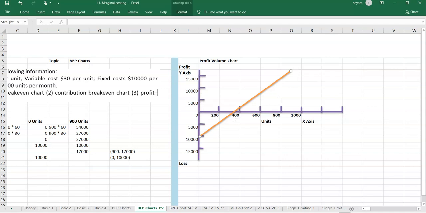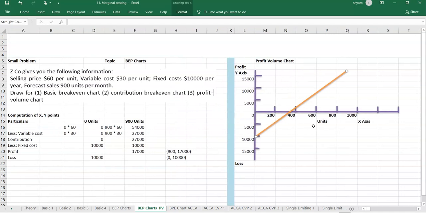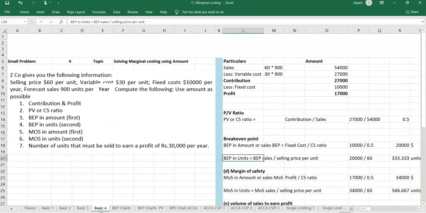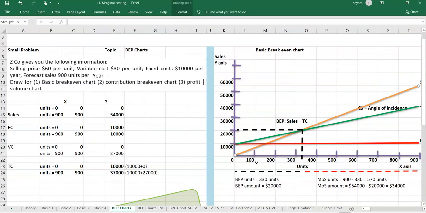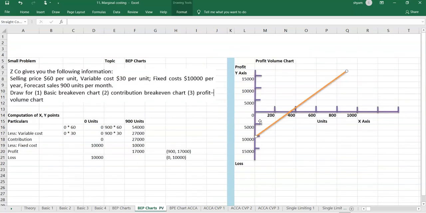Our profit line has cut at this point, and that point is the BEP. Okay, see this point.